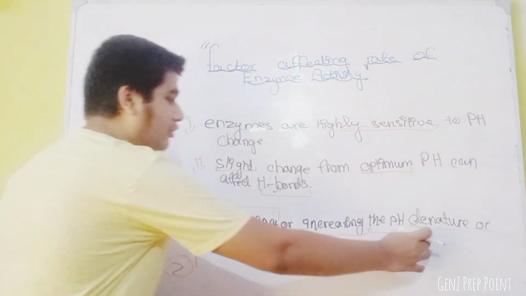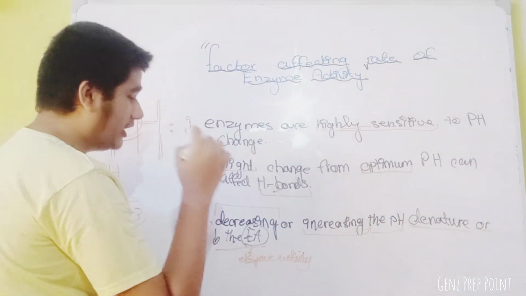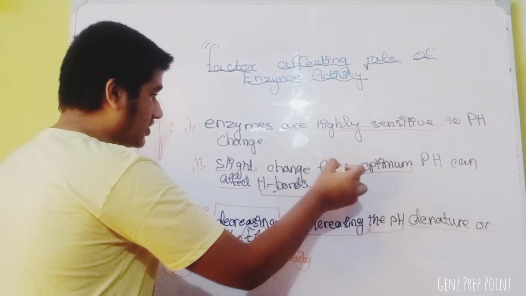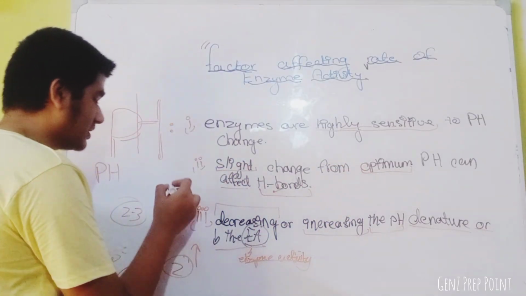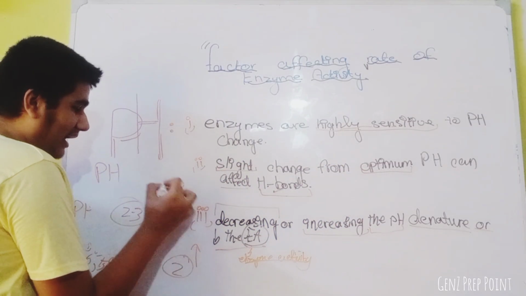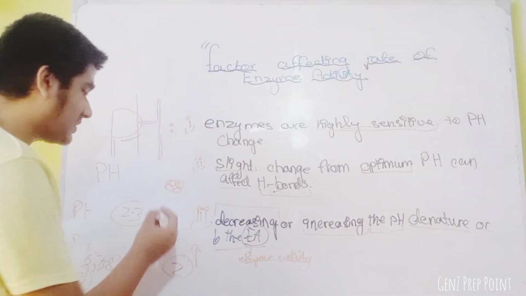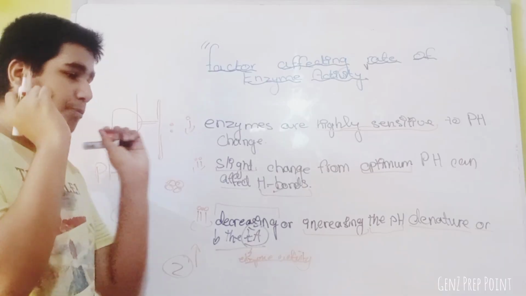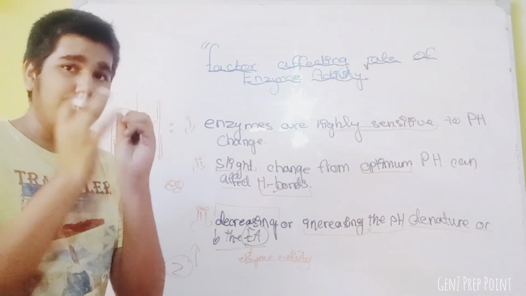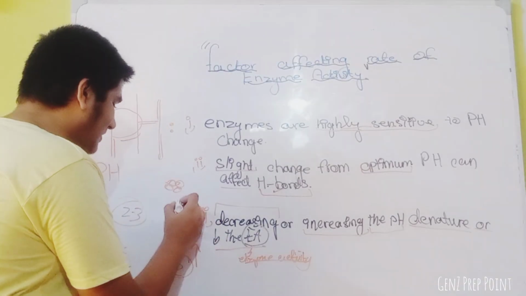What do I mean by denature? I told you when we change the pH, it affects the hydrogen bonds. What are hydrogen bonds again? Hydrogen bonds keep the protein molecules which make enzymes together. So when the bonds are weaker, the enzyme breaks, the enzyme denatures.